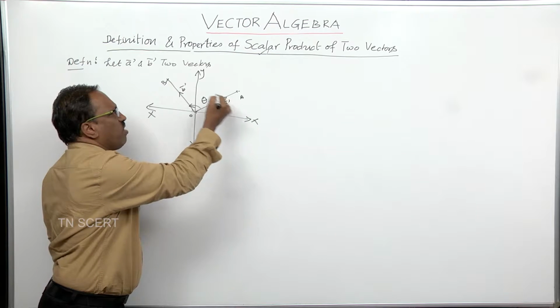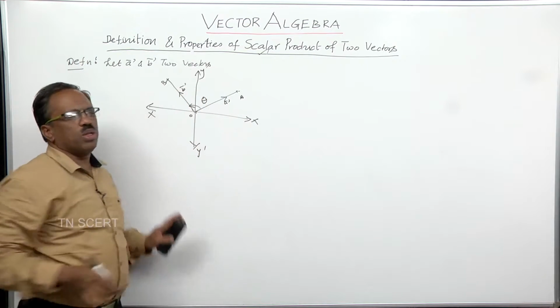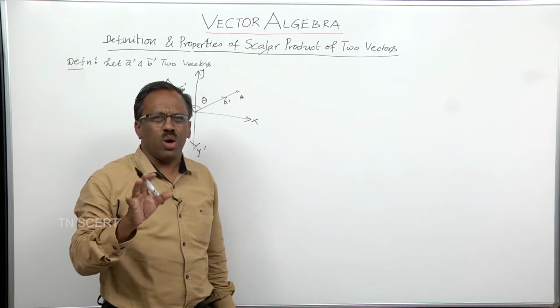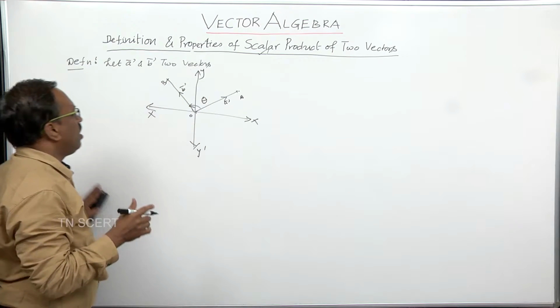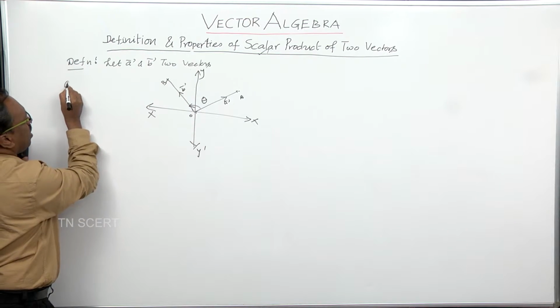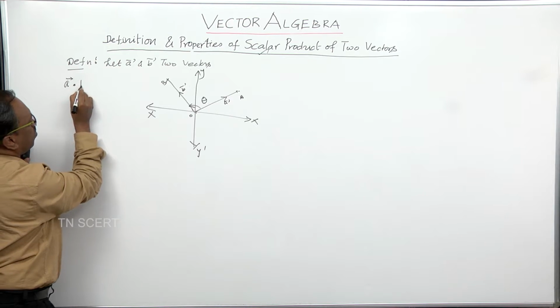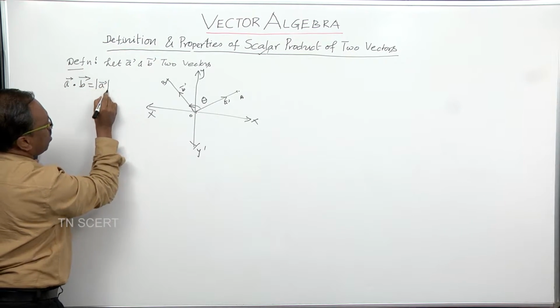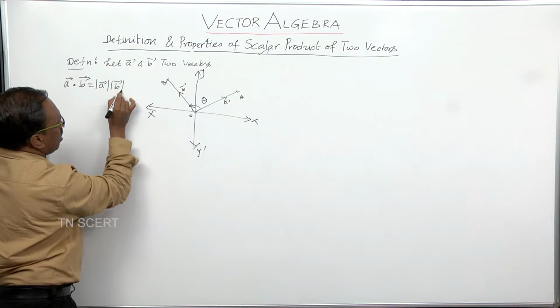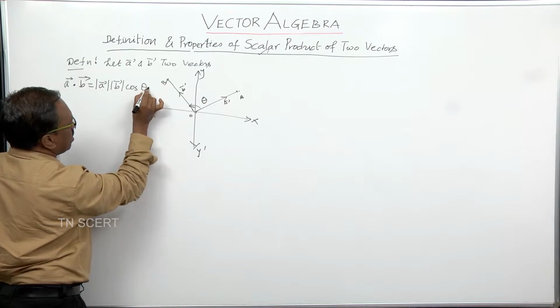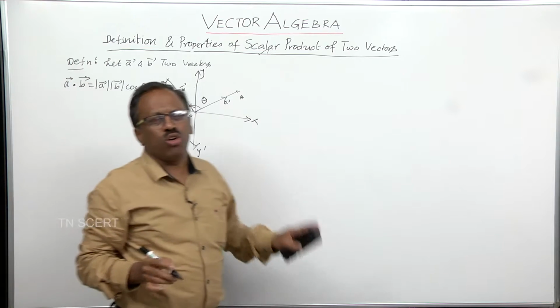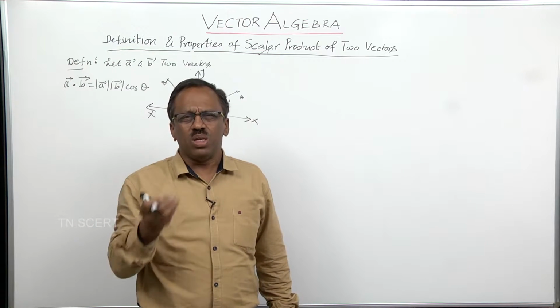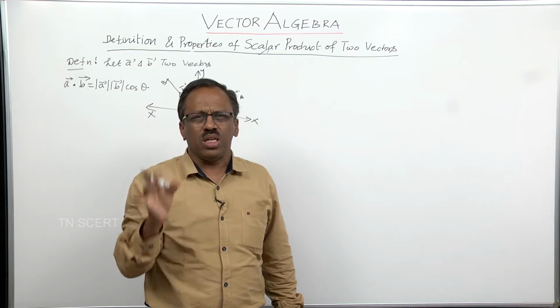Now this is vector A, this is vector B, the angle between them is theta, it is not a given angle, simply theta. The definition is: A vector dot B vector is equal to mod A mod B cos theta. Remember that the definition of A dot B is mod A mod B cos theta.